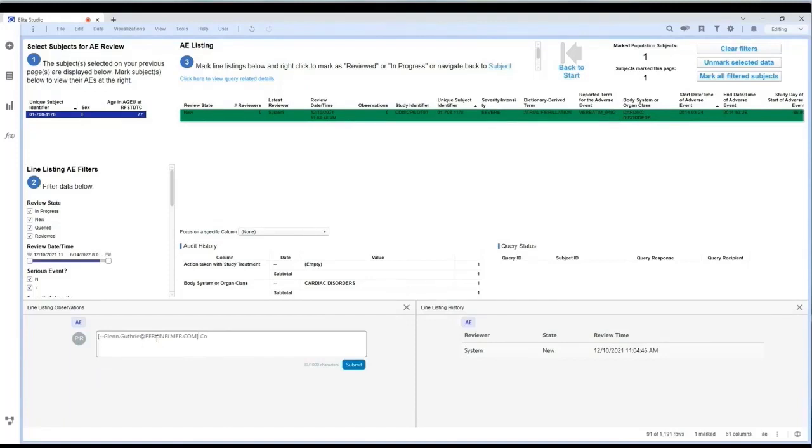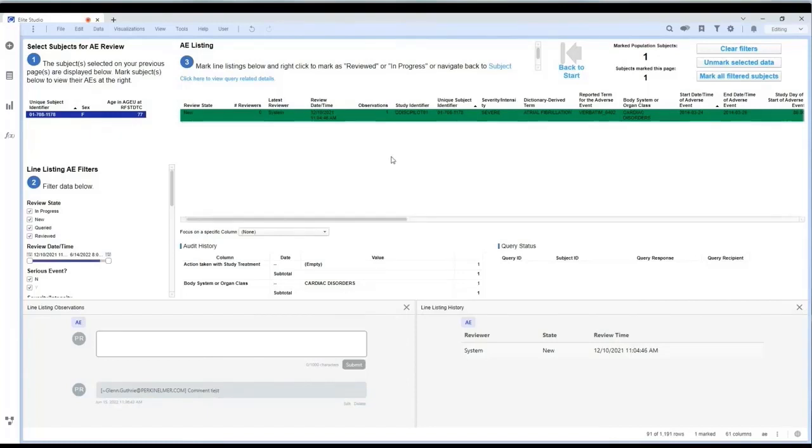And I say, I have a question about this individual. I'm seeing some atrial fibrillation and dizziness. What are your thoughts about this safety? Or as I put, comment test here. And I submitted it, and you can see it's now a portion.